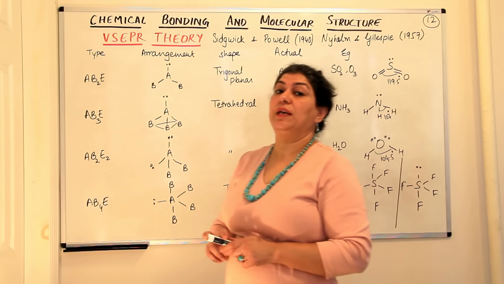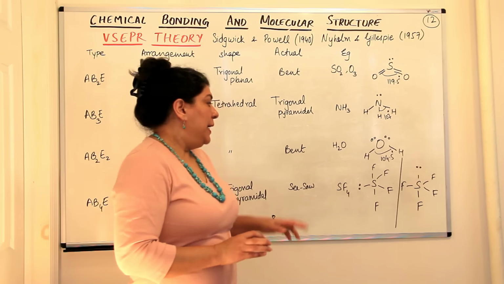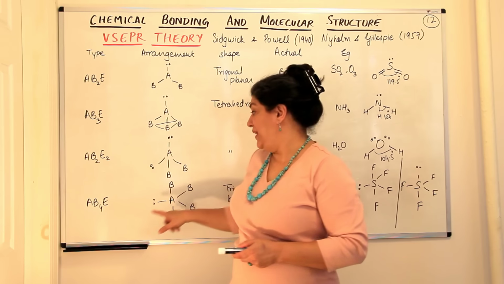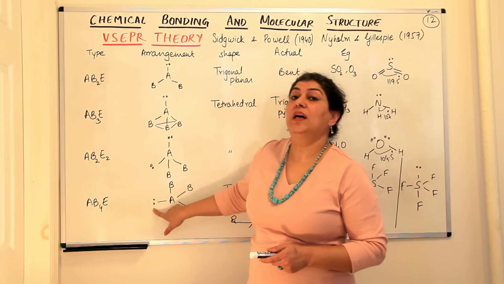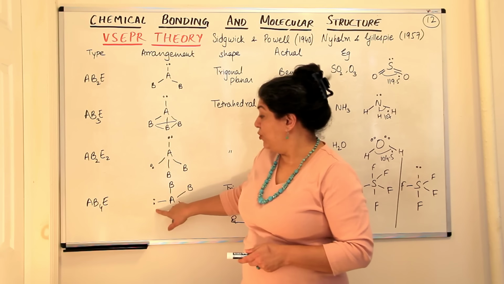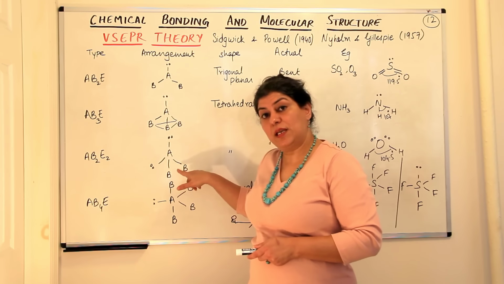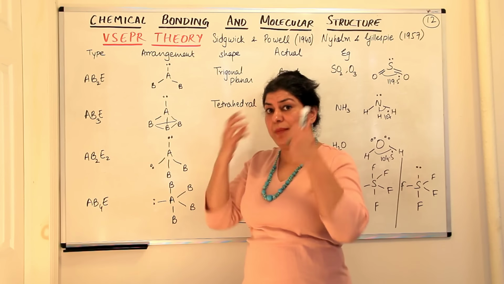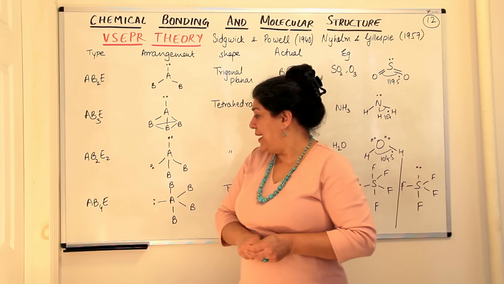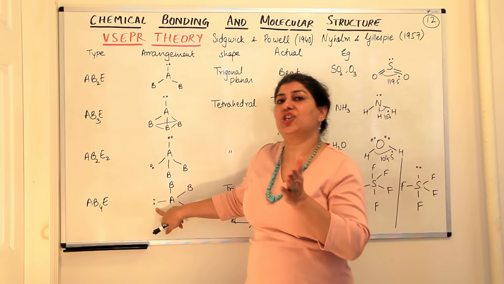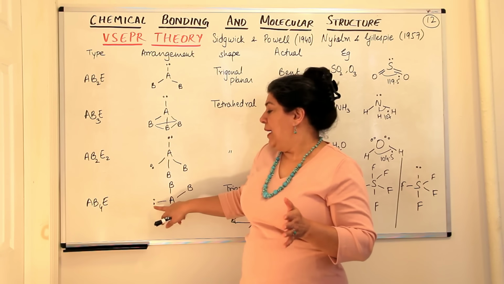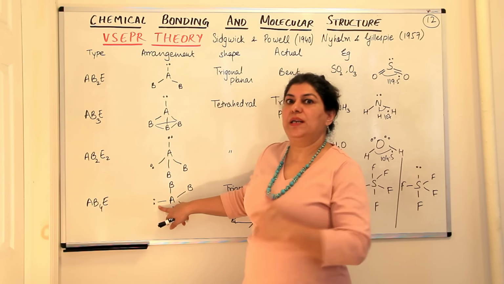But there is one more thing that you should know here. Why was this lone pair of electrons put in the equatorial position? We could also have put the lone pair in the axial position. It was not necessary. We are only imagining the structure. So why do we imagine it to be here? Why do we feel logically it should belong here? And when we see the structure, it actually is a seesaw.